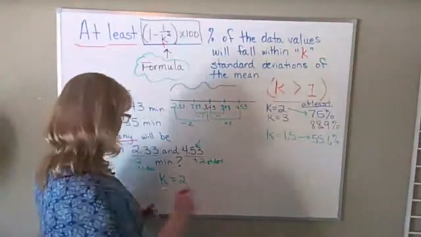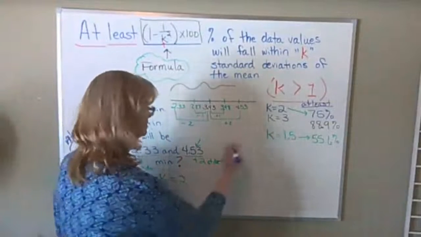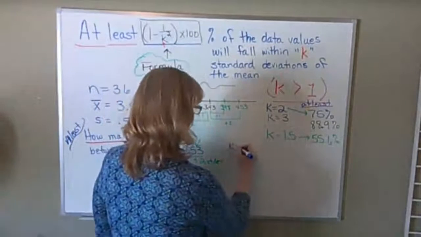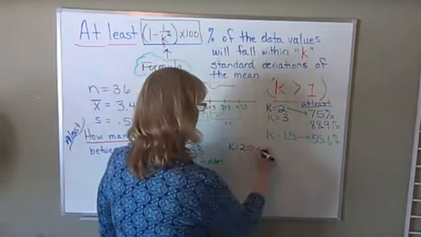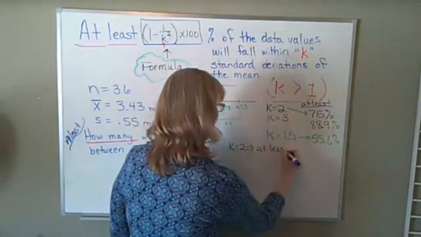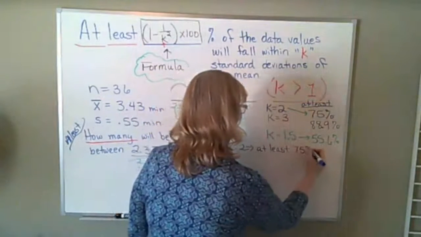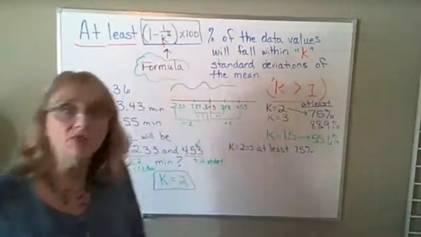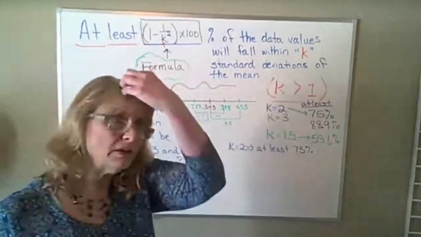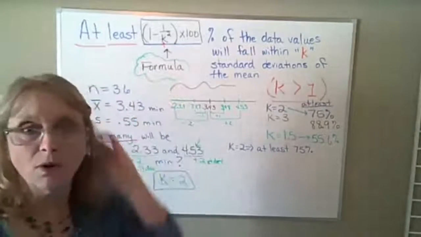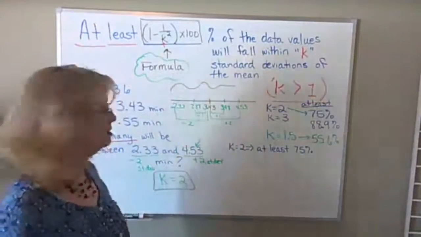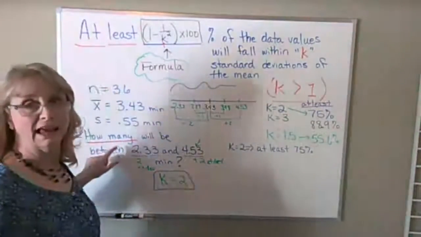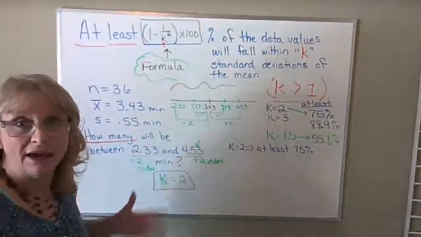So we know if K is 2, it's going to be at least 75%. So we sort of know the answer to the question. We know what percentage. But the question wasn't what percent is within 2 standard deviations. The question was how many? So how many out of what?